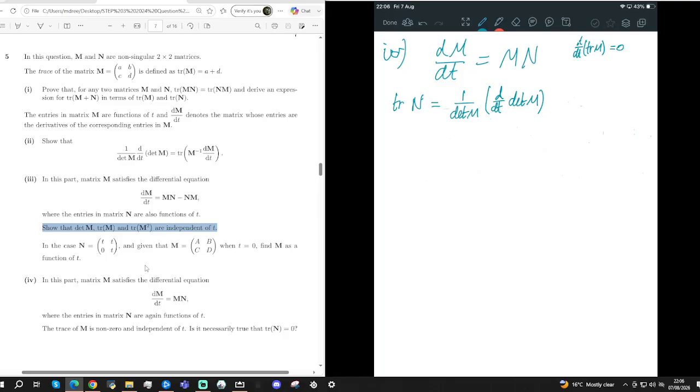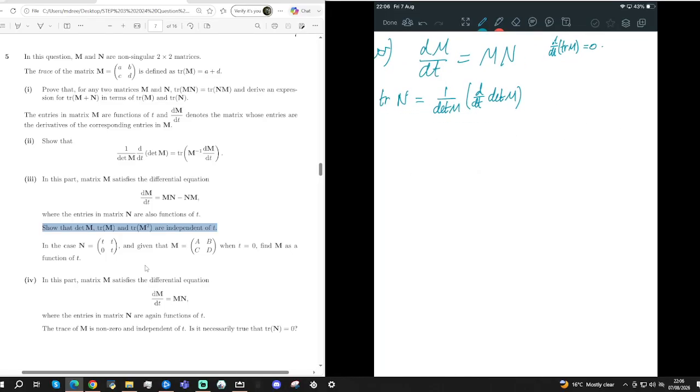What does that mean? So I could put that into components. That does mean that a dash plus d dash equals 0. If I want to take the trace, again, I don't want to take the trace of this because that's just really unpleasant.